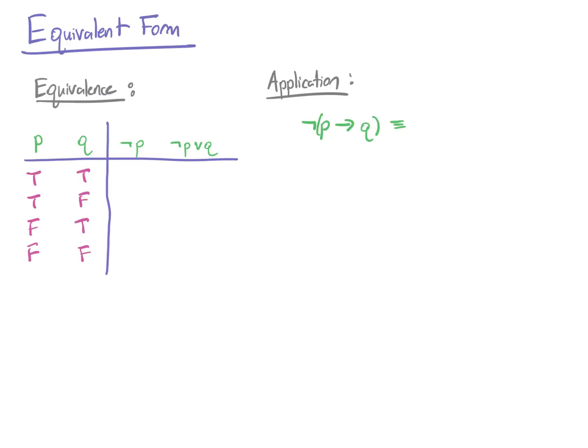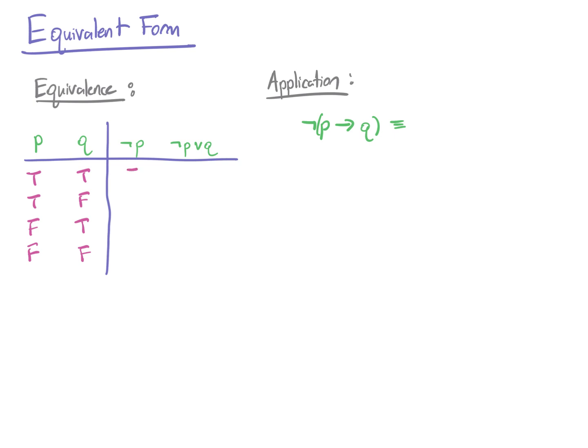The logical implication operator has an important and useful alternative form. To discover this alternative form, let's complete another truth table. I'm going to do the truth table for the expression not P or Q. I populated the inputs P and Q, so let's jump right in.